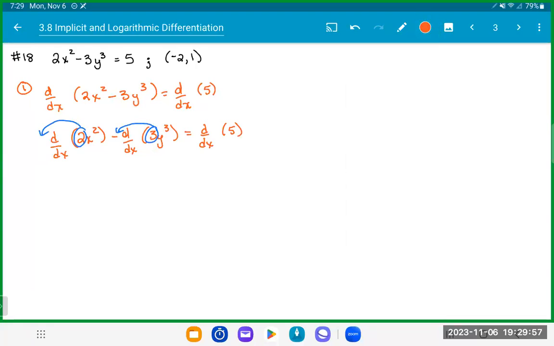The reason I'm doing that is to help you see it with the y. So this is really 2 times the derivative of x squared, which is 2x. Minus, we bring the 3 out, and take the derivative of y cubed, which is 3y squared. But remember, that's a y, so we have to add on the dy dx. And then the derivative of a constant is 0. Any questions with that?